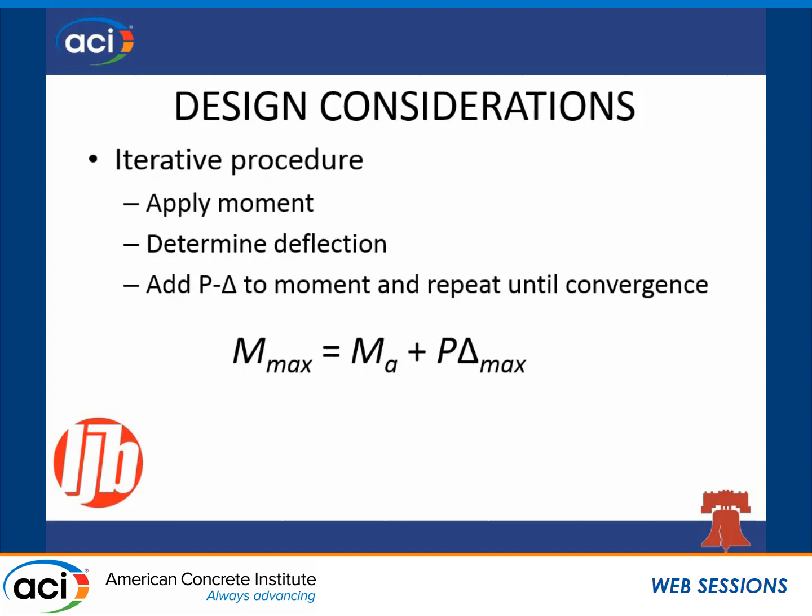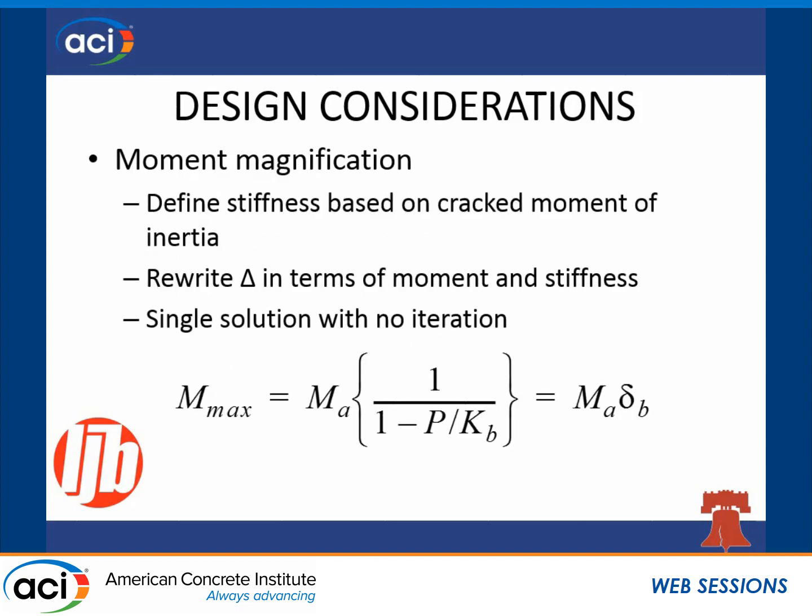Previously, the idea would be to iteratively solve for what the panel reinforcement would need to be. You get your primary moments, find out what the deflection of the panel is, get your P delta effect, plug that back in as your moment, and continue to iterate until you reach some level of convergence that you are comfortable with.